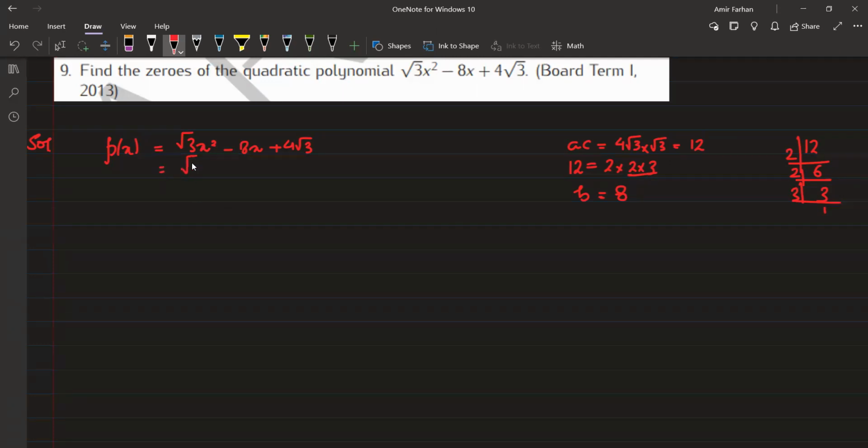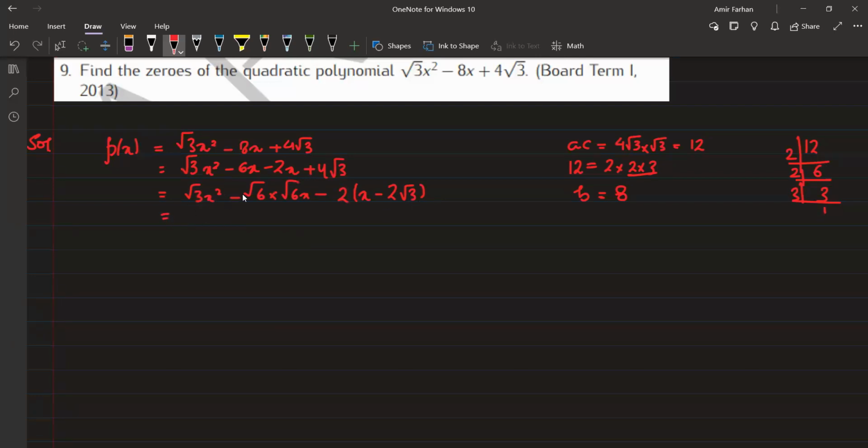So you will write this as root 3 x square minus root 6 x minus 2x plus 4 root 3. Yes or no? So root 3 x square minus this root 6, where 6 can be written as root 6 into root 6, into x, minus 2 common, so it would be minus x minus 2 root 3.